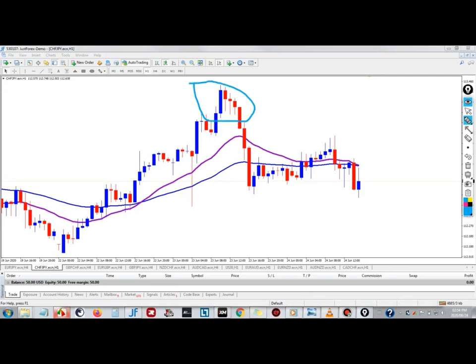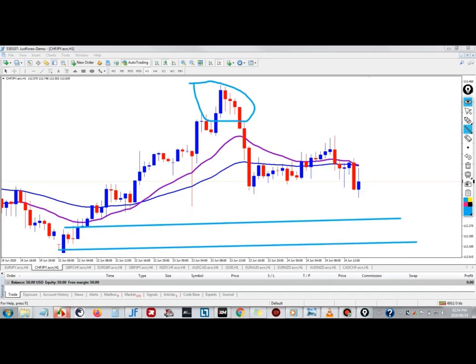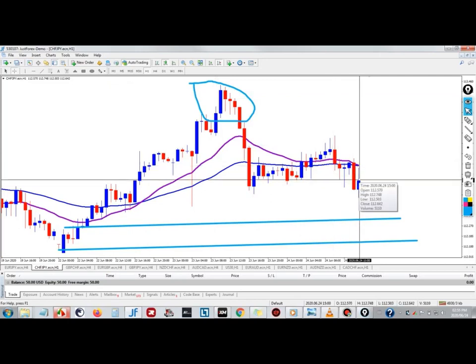I know from the daily it is an uptrend, but I can take my trade up until these lows, or here these lows. So let me count how many pips I can get after this candle closes, 20 pips here. Okay, yeah, I can still get 20 pips to 30 pips.